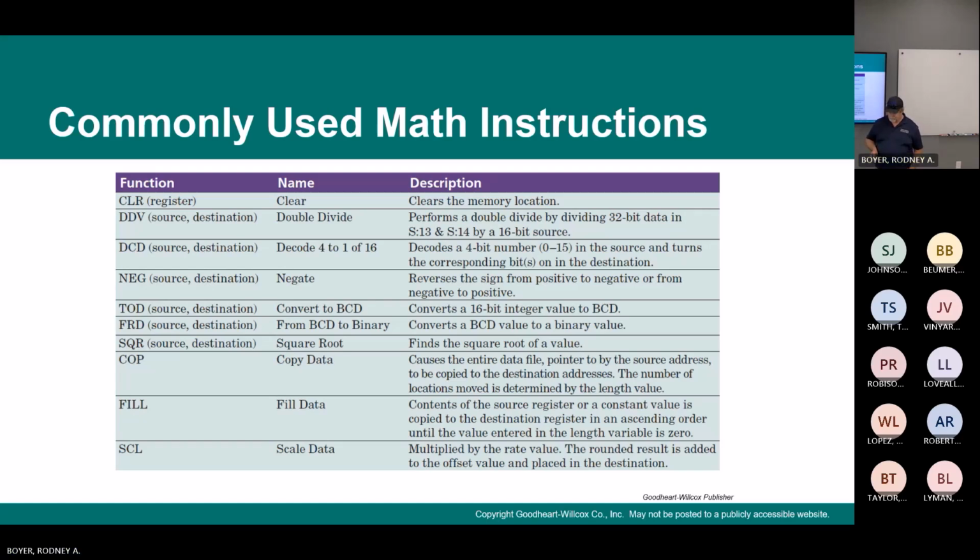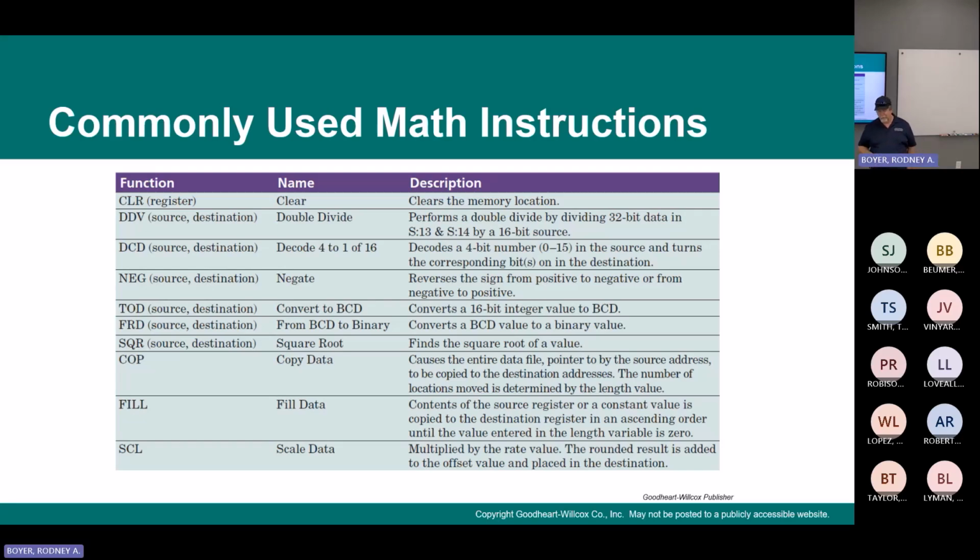TOD means convert to BCD. Not sure how you get convert to BCD out of TOD, but I guess to BCD, to D. FRD is from BCD to binary. Square root.